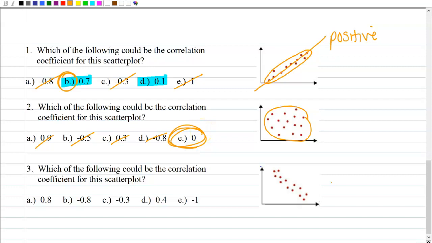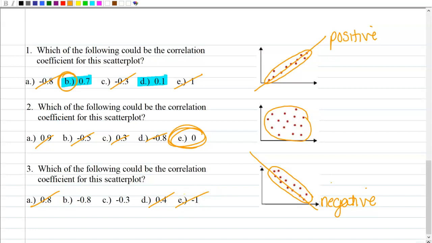Last but not least, in number 3, go ahead and lasso those points. You can see a clear downward or negative trend. Looking at the possible answer choices, I'm going to cross off the positive values. I'm also going to cross off -1 because that relationship is not exactly linear.